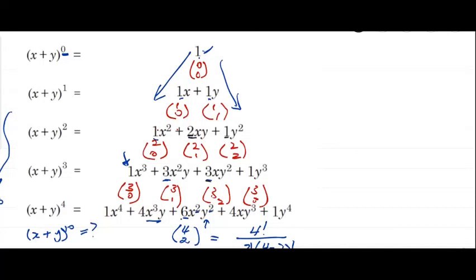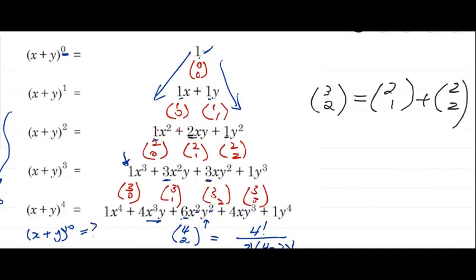Okay, so that implies that 3 choose 2 is the sum of 2 choose 1 and 2 choose 2.